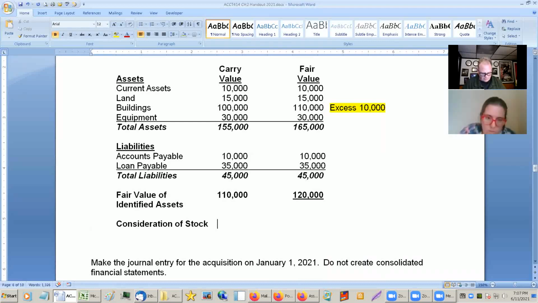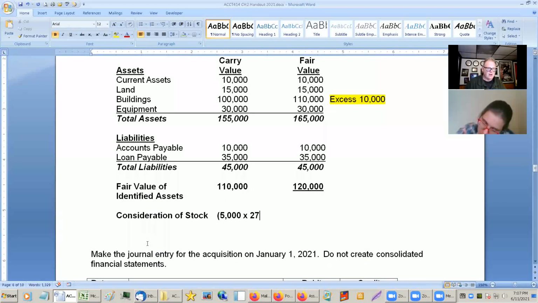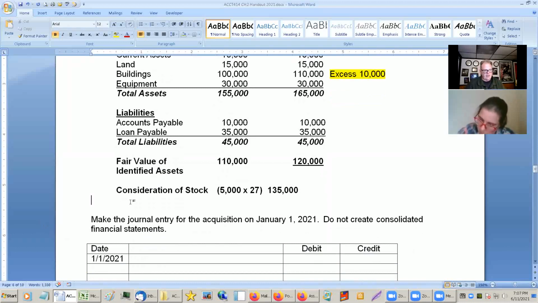Would be 5,000, and you put it on there at what the fair value is. 27. Okay. For a calculator. $35,000.